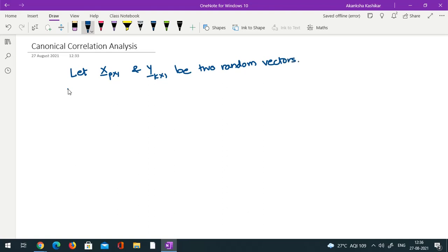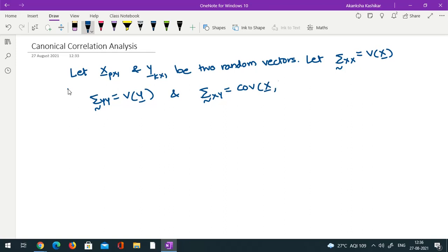Let sigma xx be variance of x, then sigma yy be variance of y, and sigma xy be covariance between x and y. So what would be the orders of these matrices?